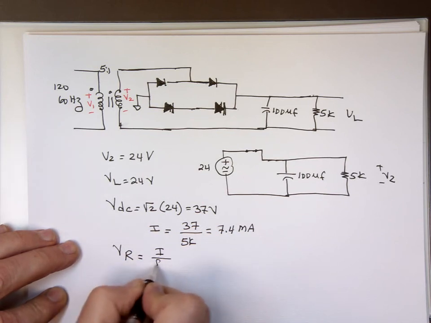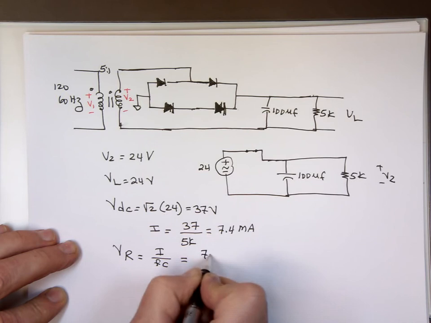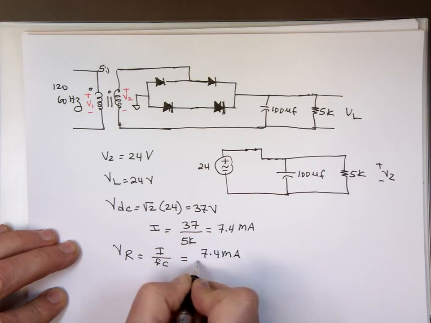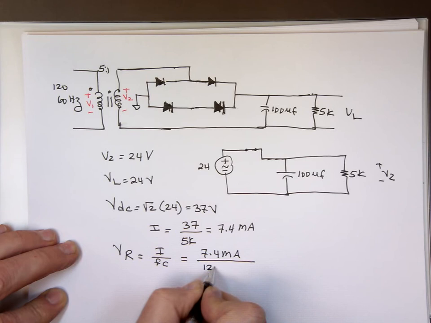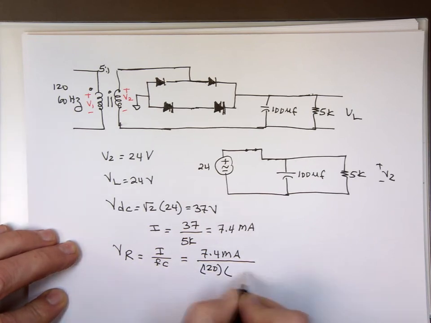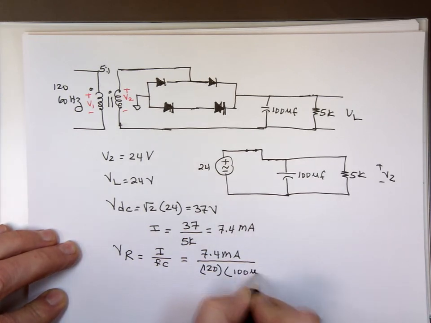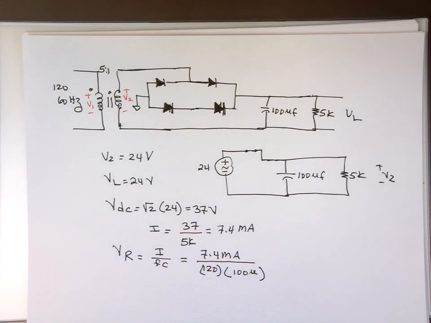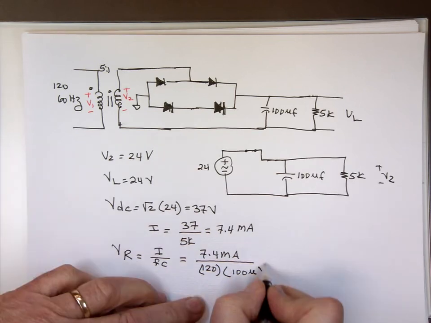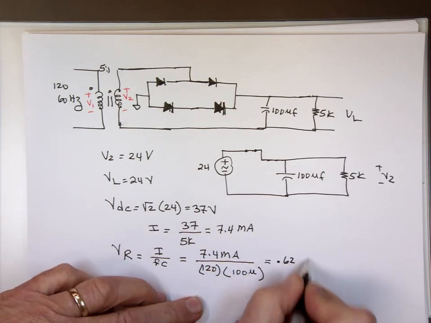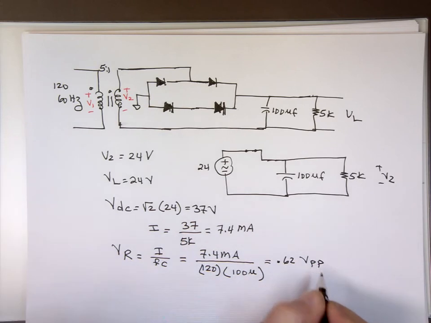I is 7.4 milliamp. Remember, F here, that's a full wave rectifier, so it's 120, not 60. And C is 100 micro. So let's do the math here. And I'm getting 0.62 peak to peak. That's your ripple voltage.